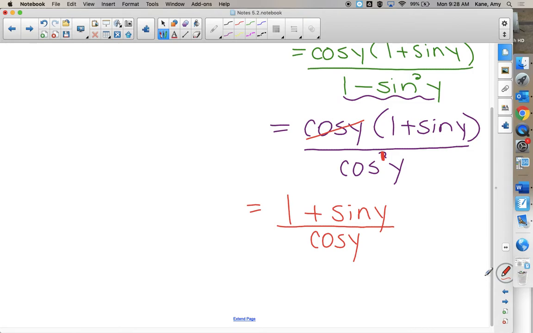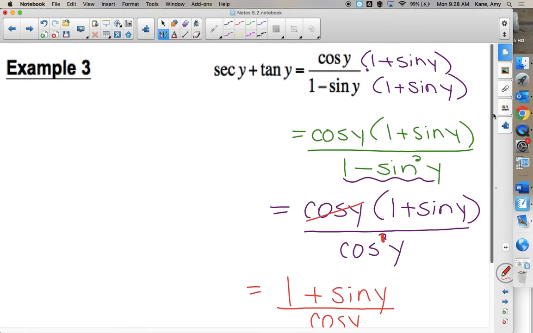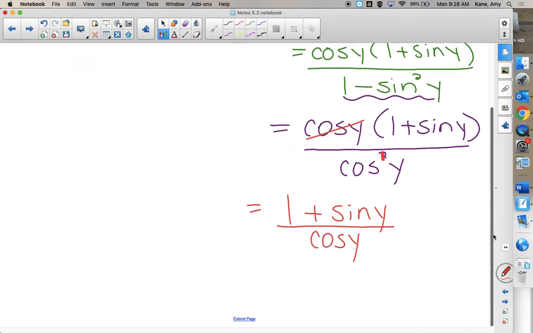But remember, our goal is to get secant plus tangent. So what do you do with 1 plus sine divided by cosine, Carrie? Separate them into two different fractions. Yeah. So if you have a denominator with a single piece in it, but 2 parts in the numerator, you're allowed to separate it.